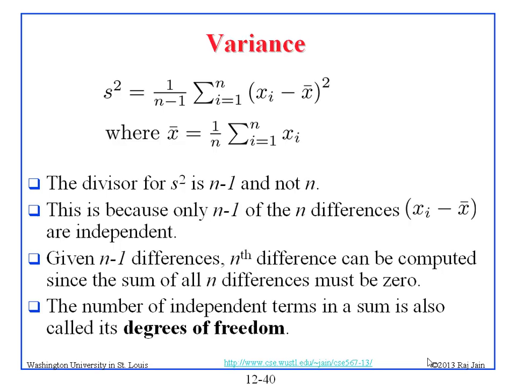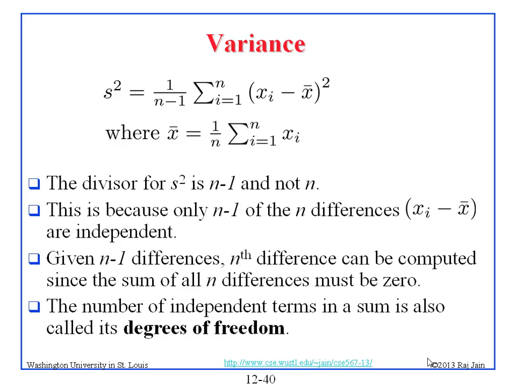For the mean, the divisor is n. And the reason is that if I gave you n minus 1 of these differences, these n terms that you're adding, you would know the last one. How? Because the differences will add up to 0. And why will they add up to 0?